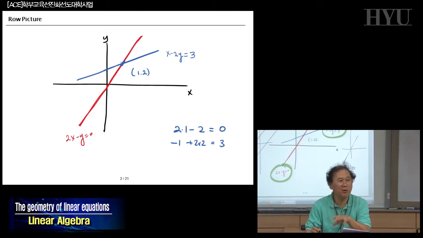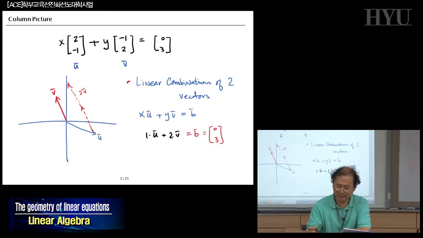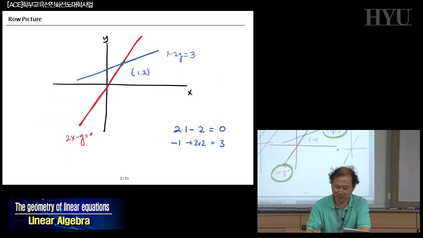So this is one way you view it. Still, in this view, we never use the concept of a vector at all, right? So the next diagram is what we call the column picture. This is another way we represent the matrix differently. Here you see the difference between the two, right?